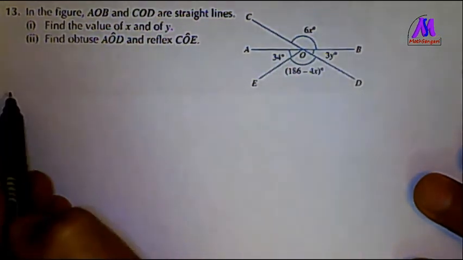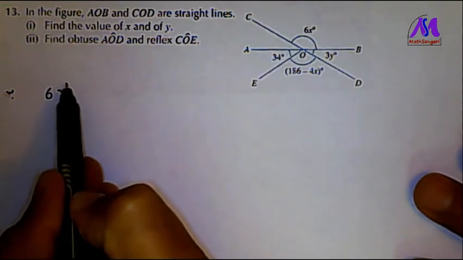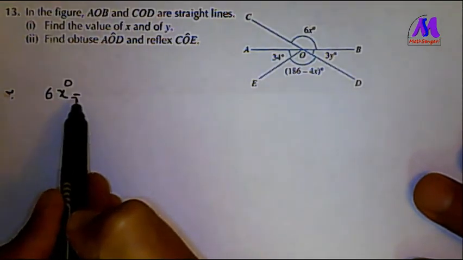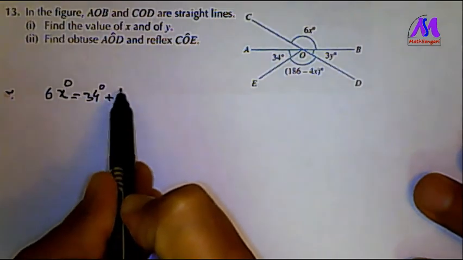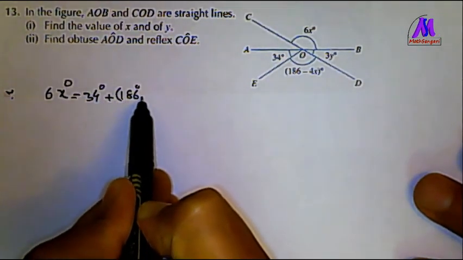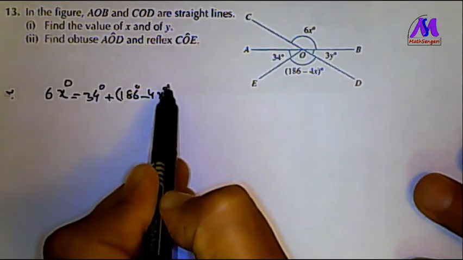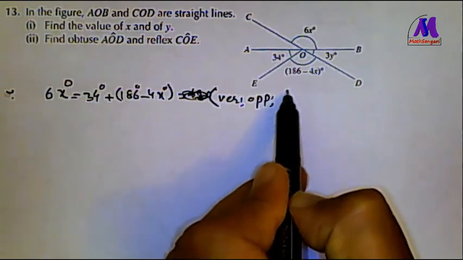So from here, 6x degree will be equal to 34 degree plus 186 minus 4x degree, vertical opposite angles.